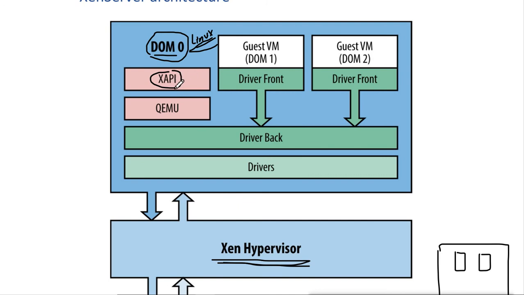So this Xen API gives us those management tools, command line and graphical, so that we can manage and create these virtual machines. And to manage and create these, it uses the kernel virtualization of Linux. It is QEMU. This is the kernel virtualization of QEMU. It's a hypervisor, we can say the QEMU hypervisor for Linux virtualization. So it uses this to connect and manage these virtual machines with the help of the Xen API.